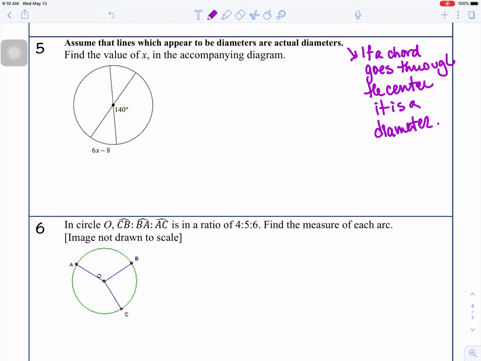So in this case, they're not named, but both of these segments are diameters. What do diameters do? They split the circle in half. So you're going to know when you do this problem that from here to here is 180. Now you'll be able to figure out the other things. And from here to, and the other way also is 180.